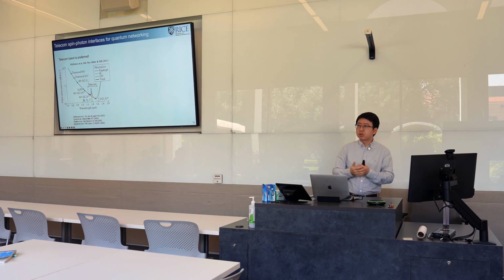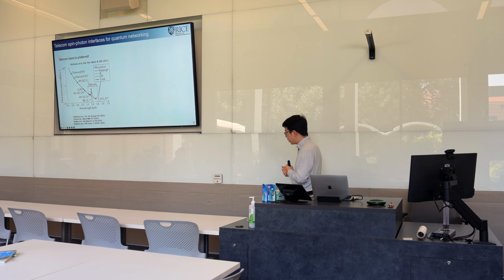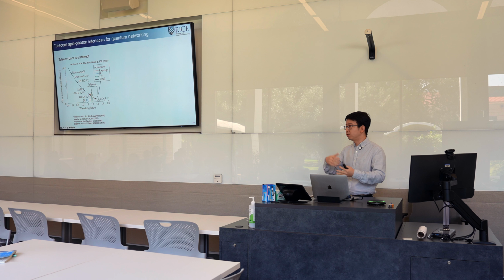So we are mostly focused on solid-state devices, the solid-state platform, for the consideration that we can make photonic or electronic devices on this solid-state platform to control our qubit to do the communication, right?